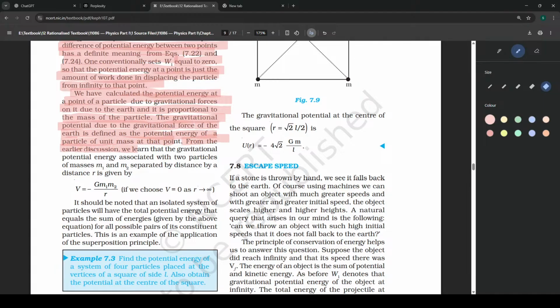From the earlier discussion, we learned that the gravitational potential energy associated with two particles of masses m1 and m2 separated by a distance r is given by minus G m1 m2 by r. This is potential energy, not potential.